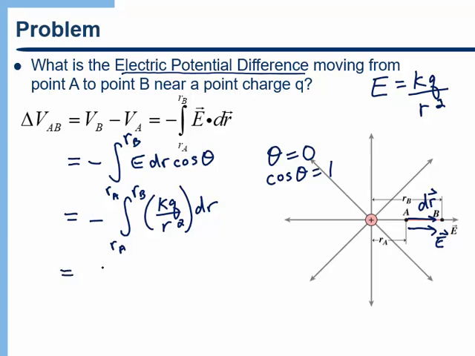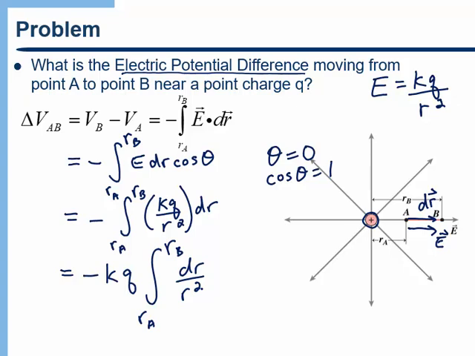The next thing I'm going to do is take anything that's a constant out of the integral. K is a constant, and the charge that's creating this electric field, Q, is a constant. So K and Q can come out, and I have the integral from RA to RB of dr over R squared.